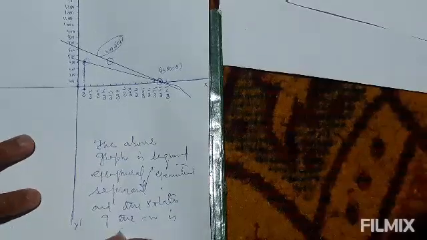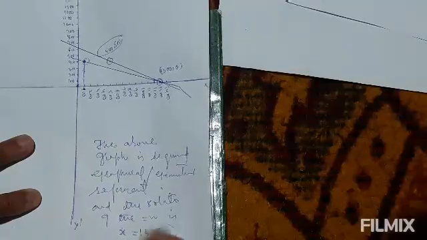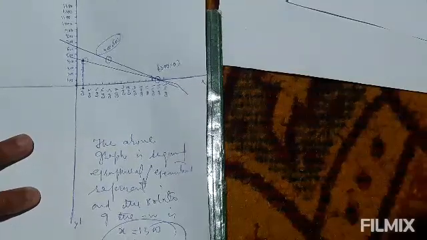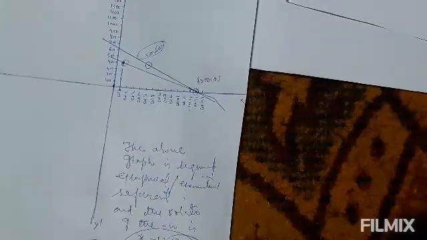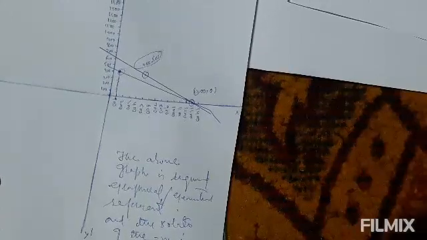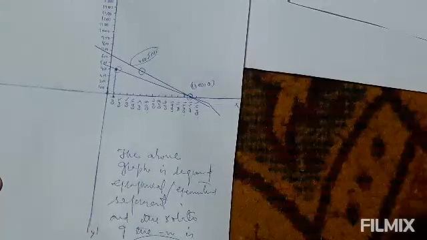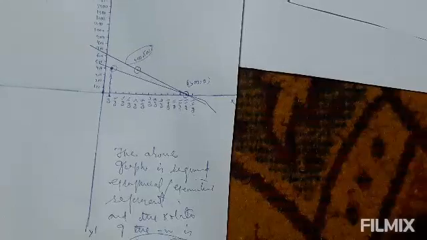It's x is equal to 1300, y is equal to 0. Okay, you got it? So with this we have completed question number 2, and the next questions we will try to do in the next class. Till then, Allah Hafiz. Assalamu alaikum wa rahmatullahi wa barakatuh.